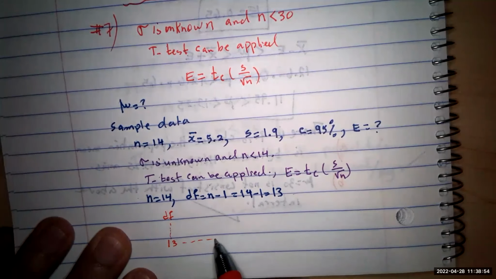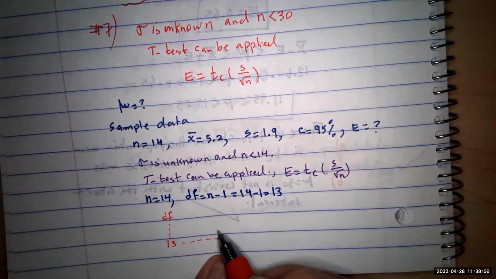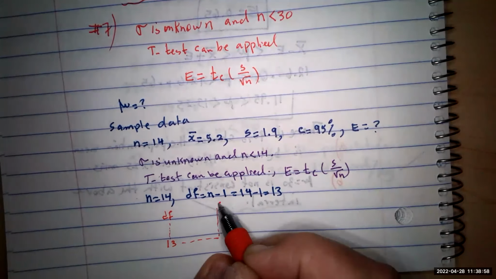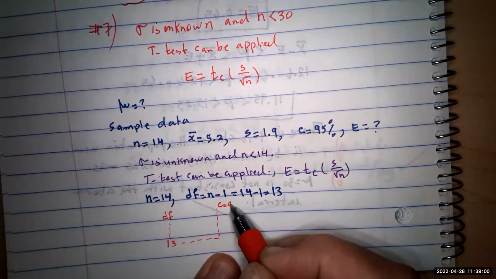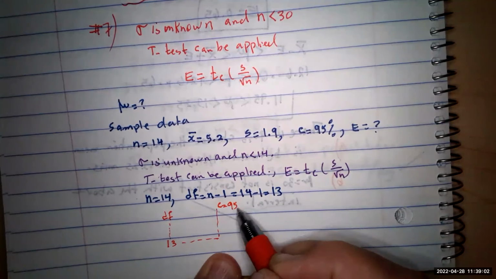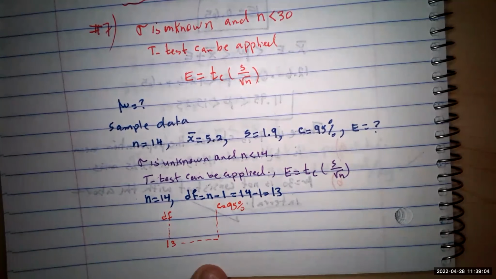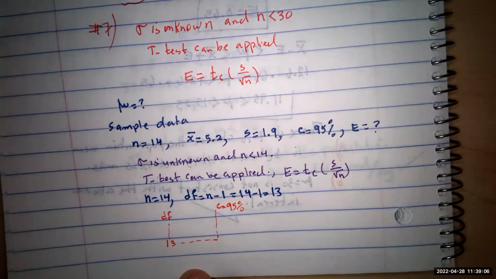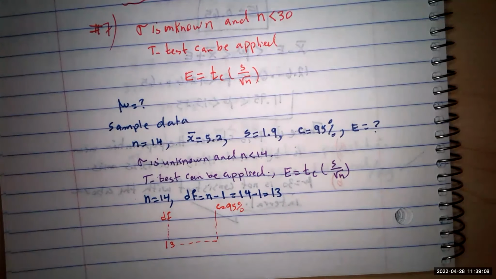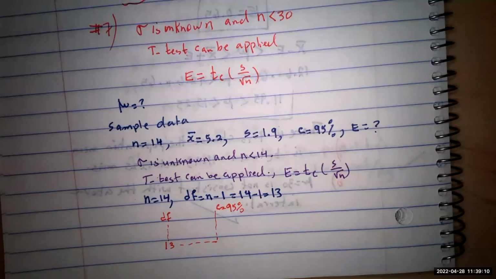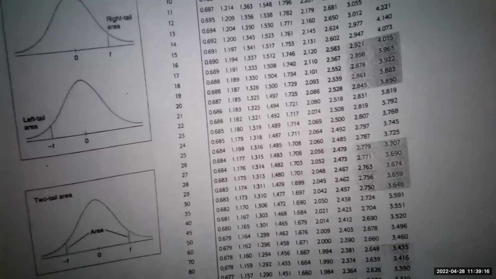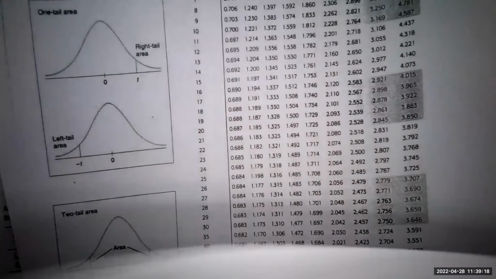Then you go to the right and you match this one with the C of 95%. And you pick these numbers, that's going to be your TC. You see that is the DF of 13.